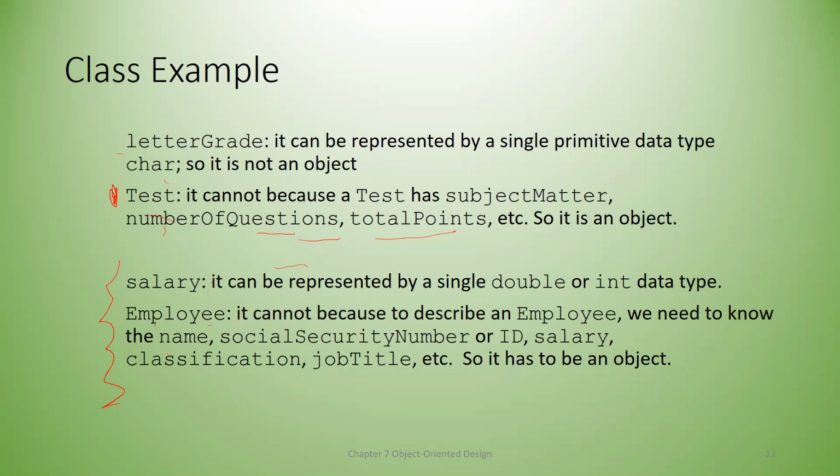It has a name, social security number, salary, classification, job title, age, etc. An employee is composed of all those attributes. So salary is simply part of an employee. Therefore, employee is an object.